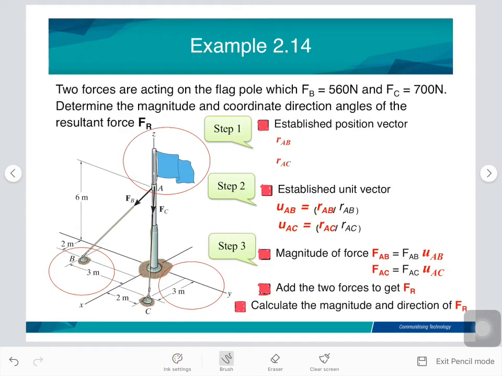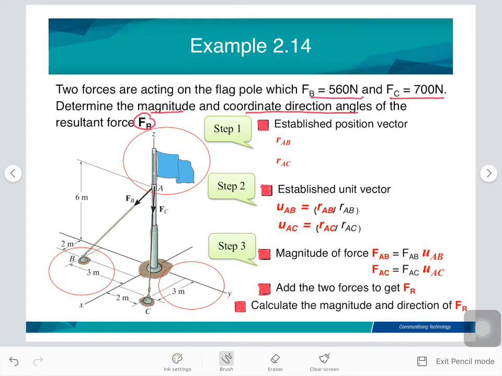Next, let's solve example 2.14. So we have here two forces acting on the flagpole, with FP given as 560 Newton and FC given as 700 Newton. So determine the magnitude and coordinate direction angle of the resultant force. Now, that is a long step.